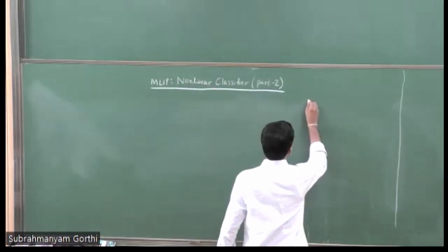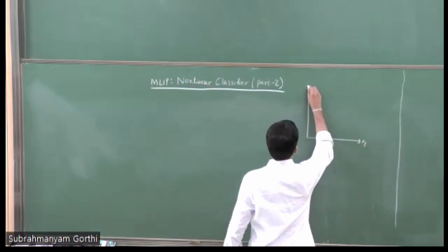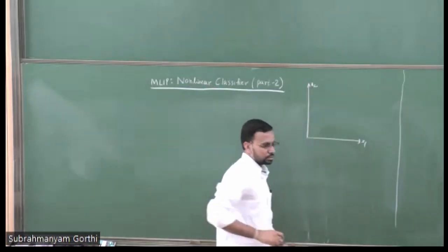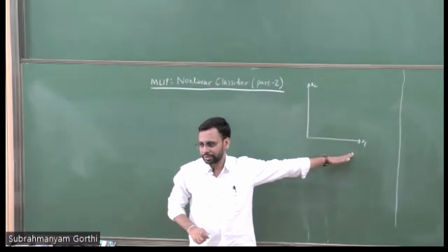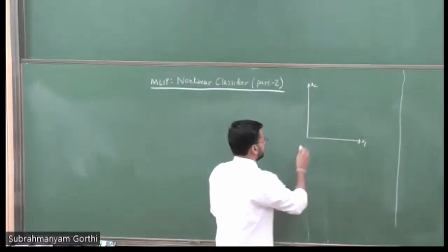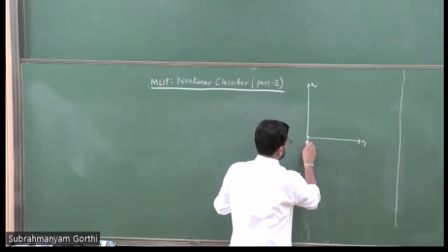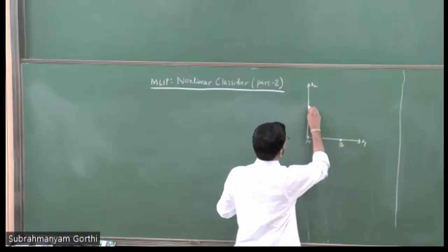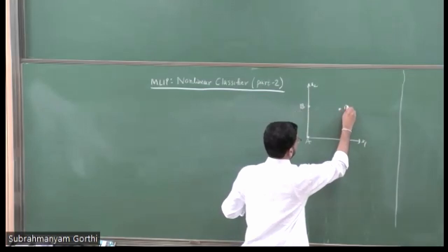Where you have here X1 and X2, the two feature components of your feature vectors. Assuming that this belongs to, let's say, class A, there is an element belonging to class B, another element belonging to class B, and here class A. Okay.